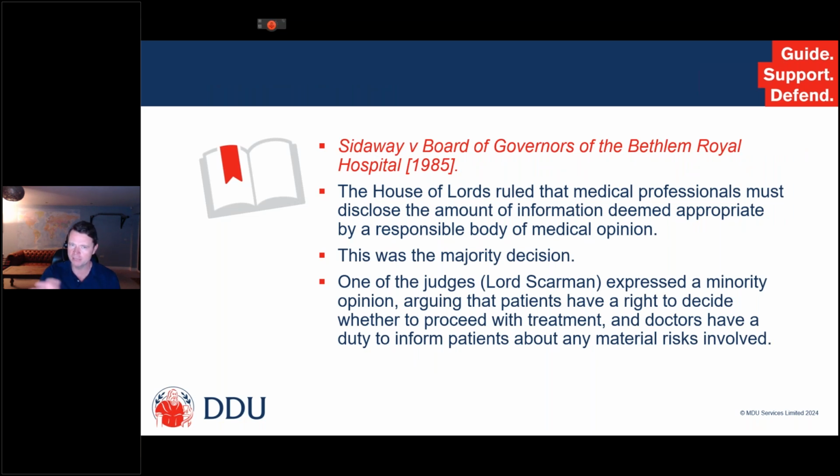With Sidaway versus the Board of Governors, the House of Lords ruled that medical professionals must disclose the amount of information deemed appropriate by a responsible body of medical opinion. So it supported Bolam. The majority decision, i.e. the actual judgment, supported Bolam, but one of the judges, Lord Scarman, in a minority opinion, argued that actually it was patients who have a right to decide whether to proceed with treatment, and doctors have a duty to inform patients about any material risks.